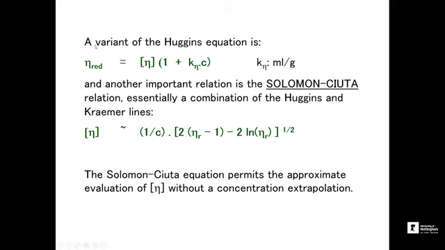Oh, by the way, there is this little variance on the Huggins equation, just a minor variation, and they came up with the Solomon-Ciuta equation. That means about, approximately. That isn't a mark on the screen. So intrinsic viscosity is about 1 over C times this relation. That means you can make an estimate of intrinsic viscosity at a given concentration, which is important when you can't do a concentration extrapolation because you haven't got enough material.